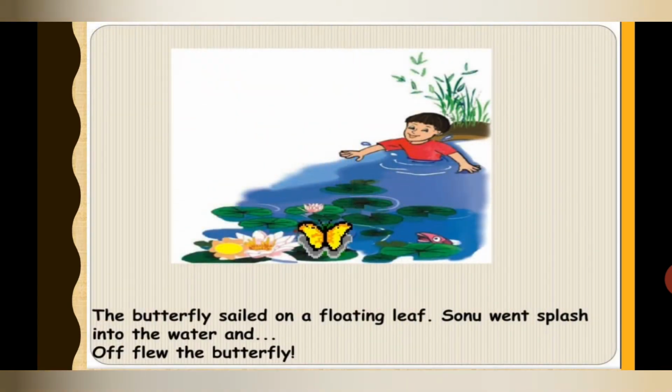The butterfly sailed on a floating leaf. Sonu went splash into the water and off flew the butterfly. Now that butterfly sits on that floating leaf. And when Sonu went near the butterfly, he splashed into the water and swam to that place where the butterfly was sitting.